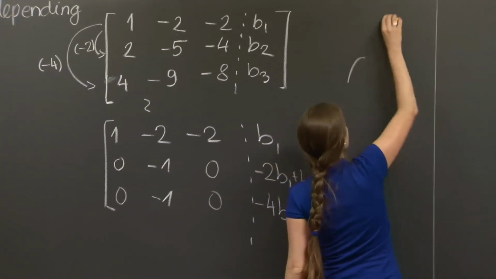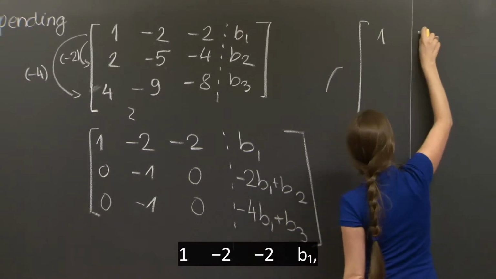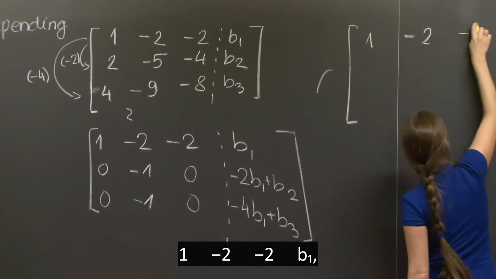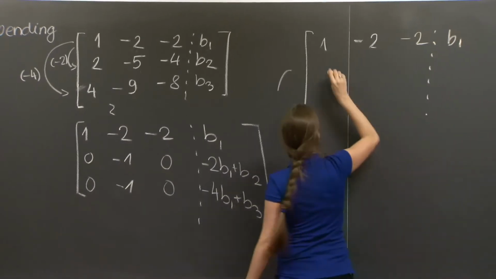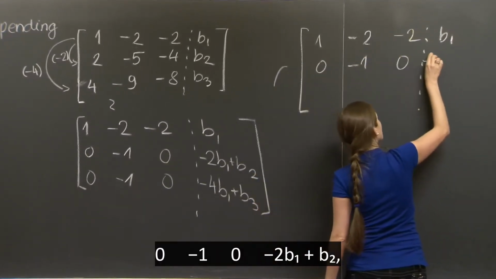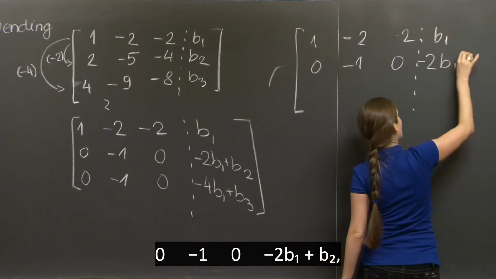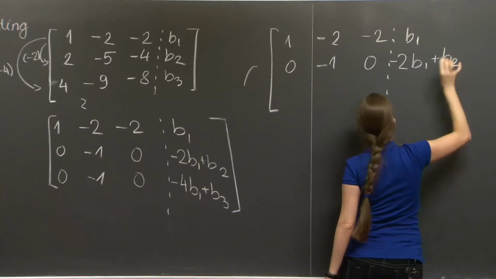Eliminating further, we get 1, minus 2, minus 2, b1, 0, minus 1, 0, minus 2b1 plus b2.